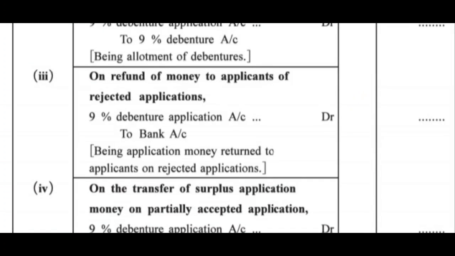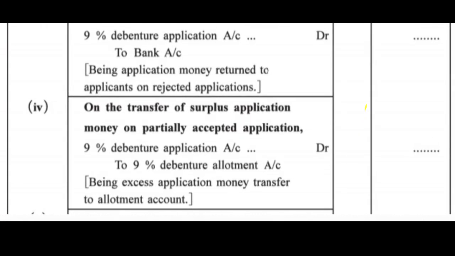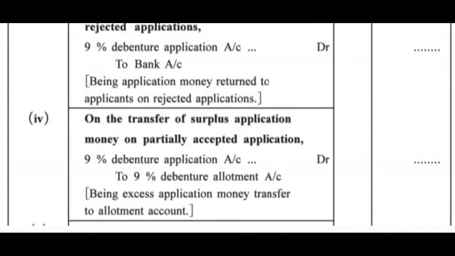On refund of money to applicants of rejected applications, 9% debenture application account debit to bank account. And on transfer of surplus application money on partially accepted applications, 9% debenture application account debit to 9% debenture allotment account.